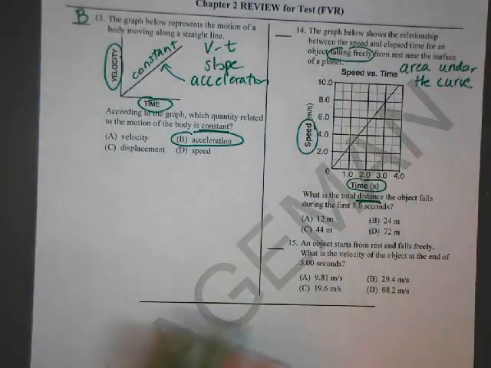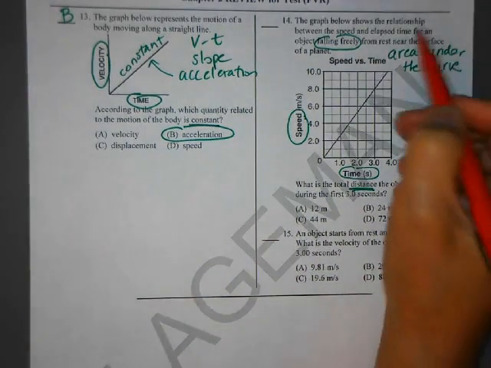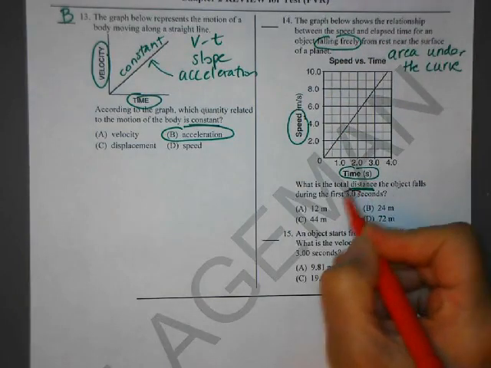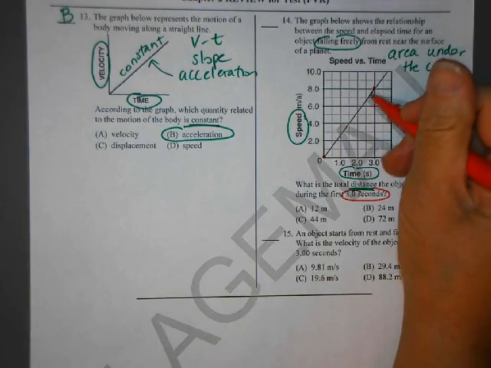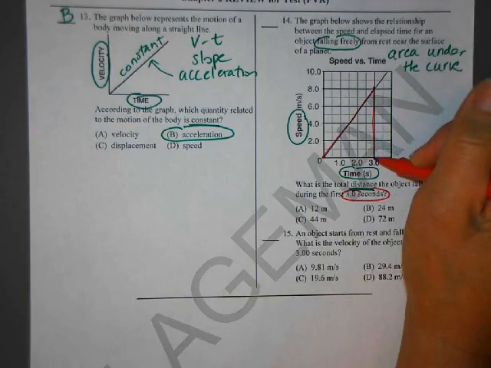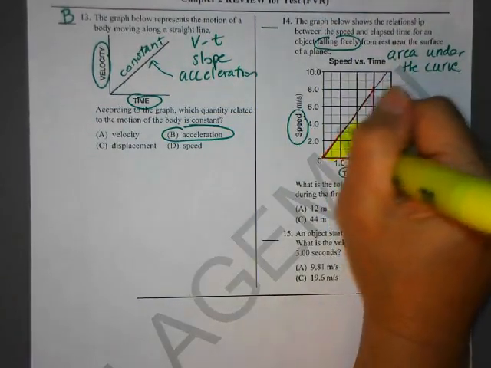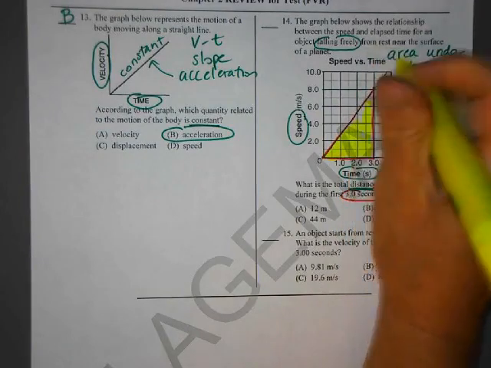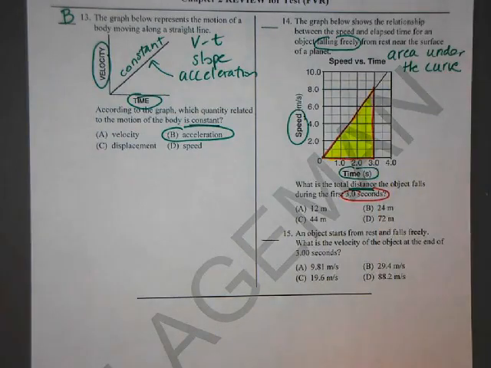For the first 3 seconds, here's 0, here's 3, this is my curve, so this is my area, and this shape is a triangle.